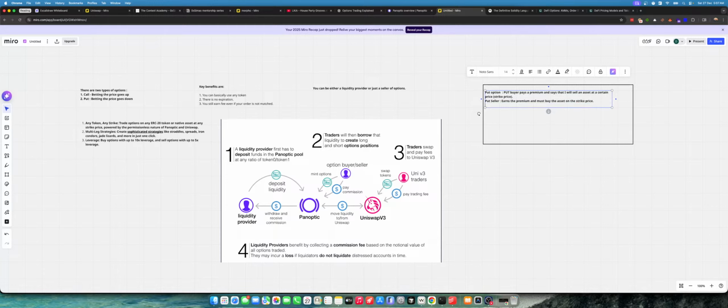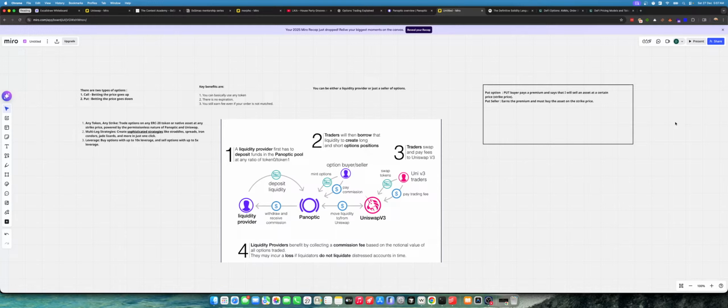So let me go back and understand. The put buyer is like call and put. So put is basically the price will go down. The guy who's saying that if the price goes down, I'll sell it at a certain price, right?